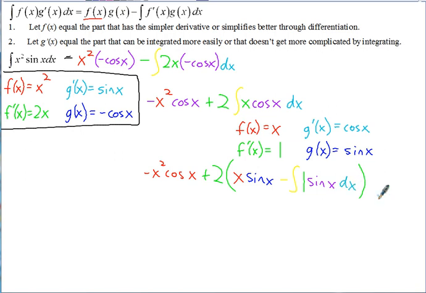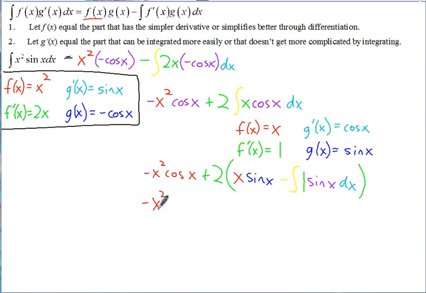And now we finally have an integral that we can integrate as sine of x. So theoretically, you can use integration by parts more than twice, 3 times or 4 times. If we start with x to the 9th here instead of x squared, you can see we'd have to use integration by parts 9 times, but generally you won't see too many of those because they take a long time to work out.